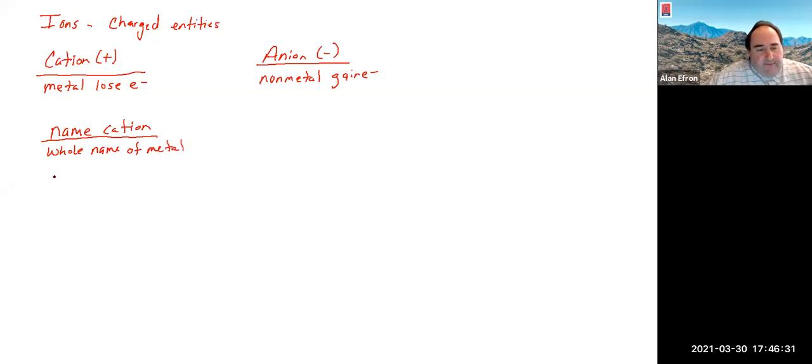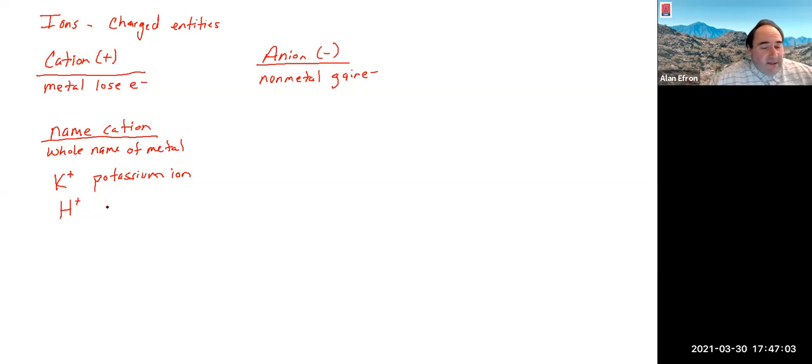For example, if we had K+, K is potassium, it's group 1, which is why it makes a +1 charge. If that was just the formula of the cation we had, we would just call it by the whole name, potassium, and it would be referred to as an ion at the end. We have H+. H is not a metal, it's a nonmetal, but it is sometimes treated similar to metals in terms of naming.